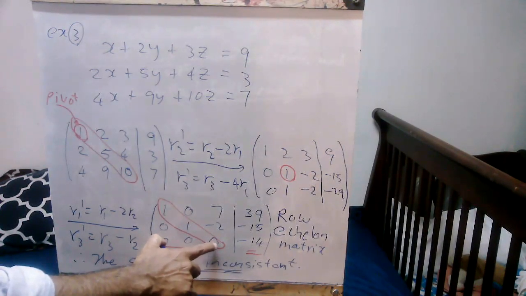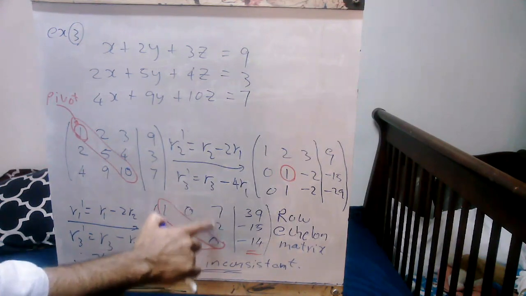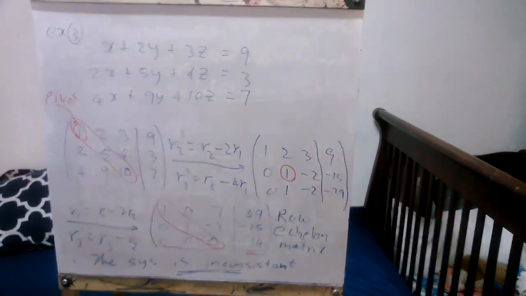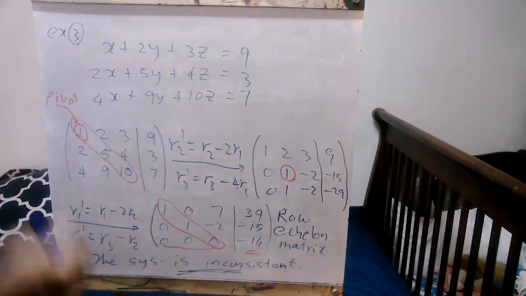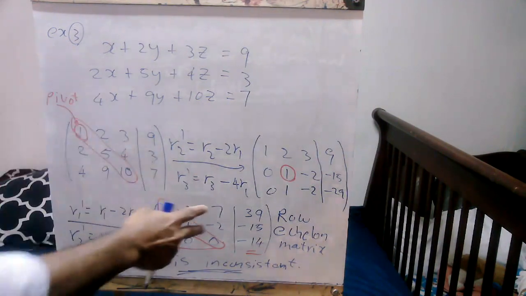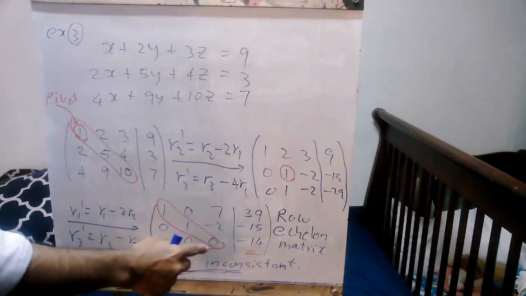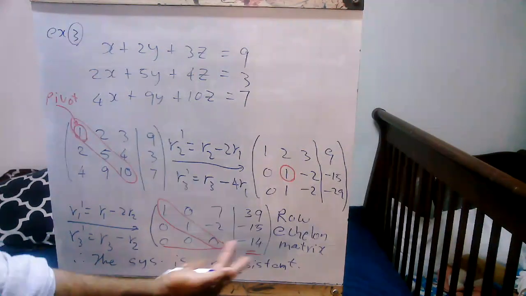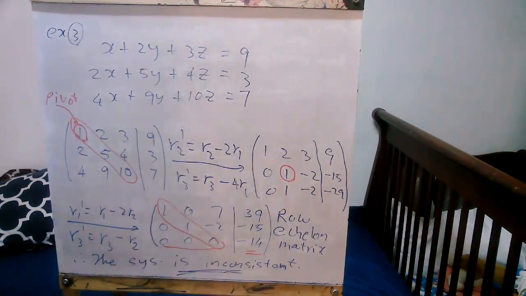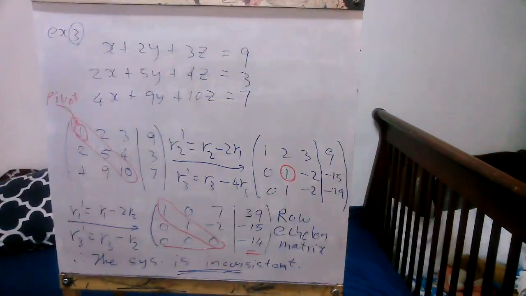Since this is 0, we cannot make these two elements 0 using this, right? Try to make it 0. This minus whatever number times 0 is 0, therefore you cannot change this to 0. So that's all about it.